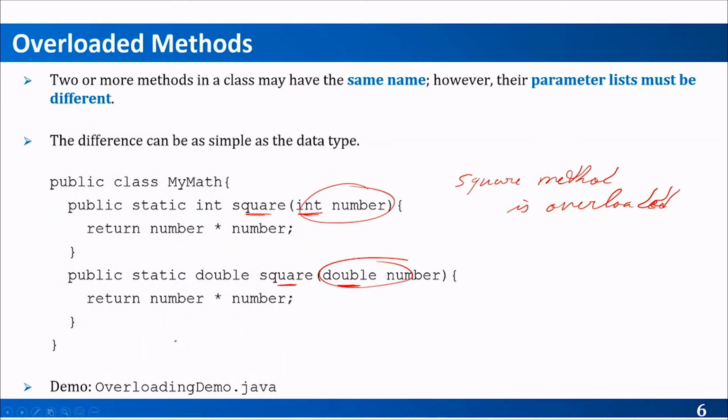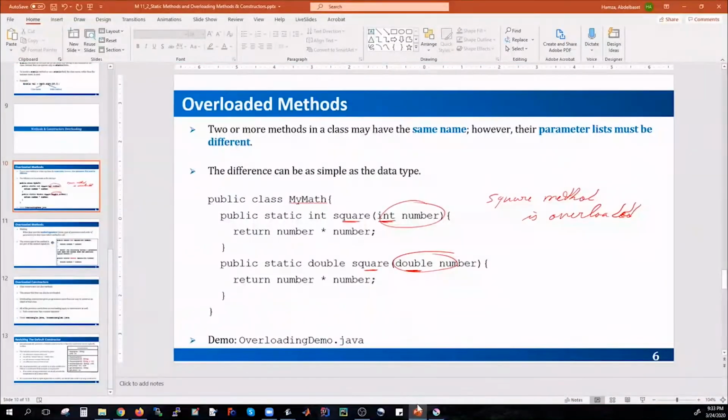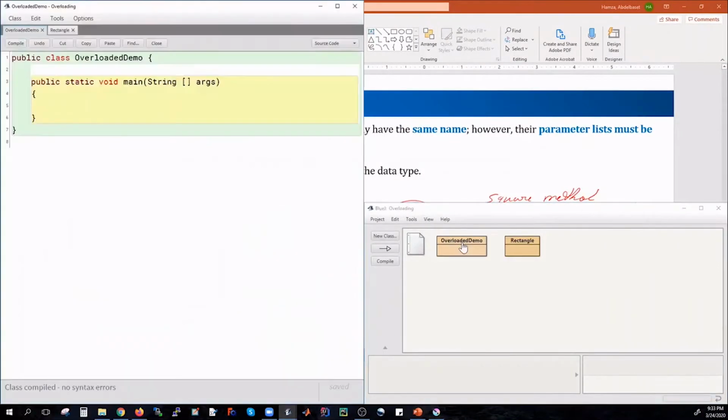Now let's have a look at this concept and try to understand more about the possible ways of overloading a method. So here I have an OverloadedDemo, and I would like to try to find the maximum of two numbers.